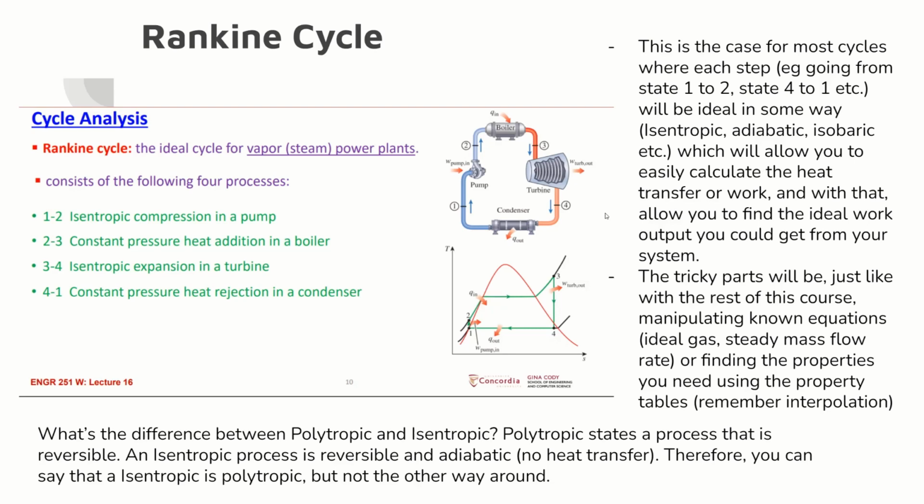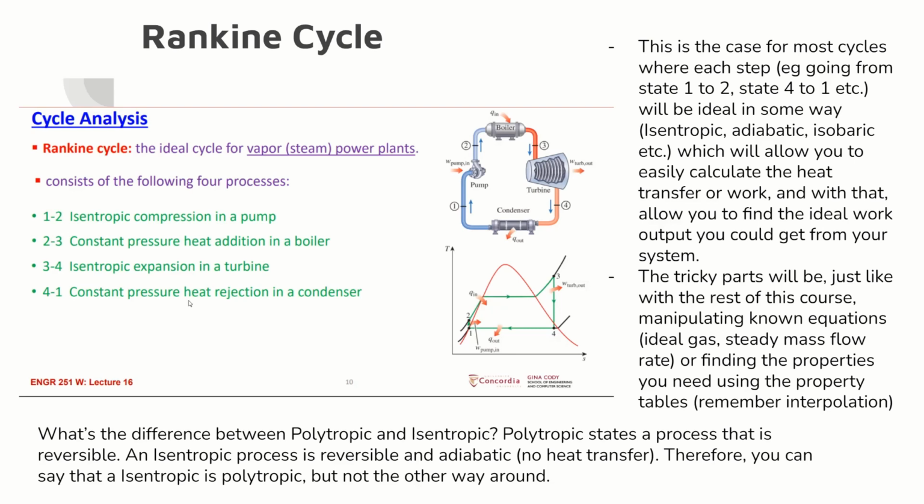So in a lot of the problems, you'll be asked how much work is being created, or how much heat transfer is coming out to the condenser. You're going to be given some properties for state 1. Like maybe you're going to be given pressure for state 1, but you know that there's constant pressure from state 4 to state 1, so you know that pressure at state 1 is equal to pressure at state 4.